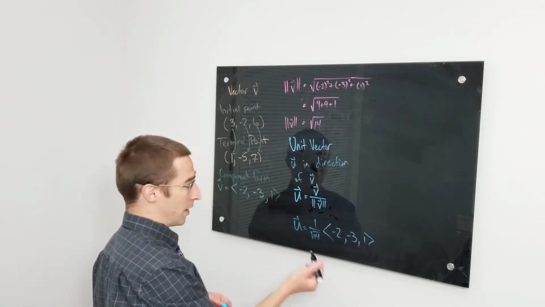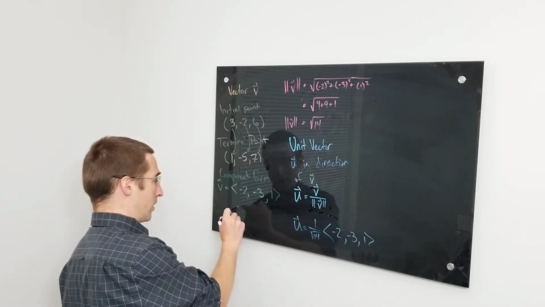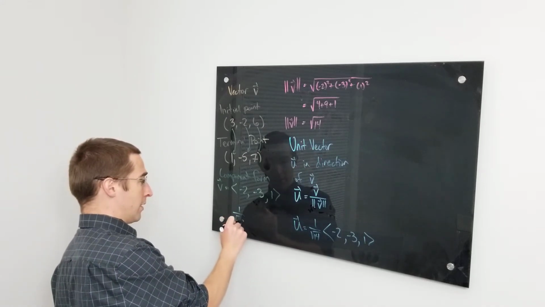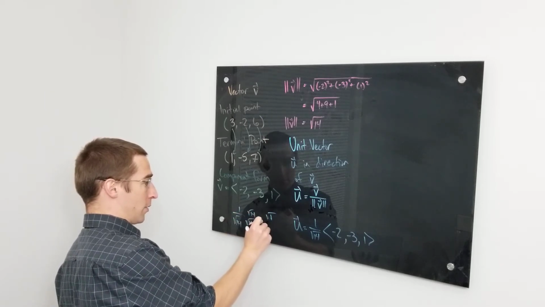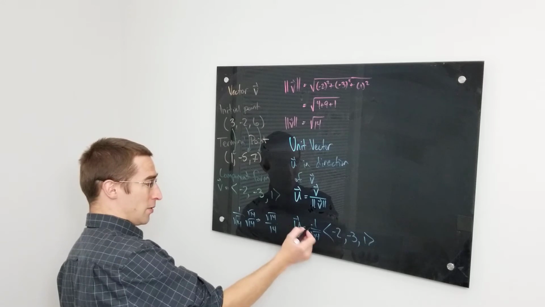So here, we want to rationalize 1 over root 14, right? We multiply it by square root of 14 over square root of 14. That gives me square root of 14 over 14. We can use that.